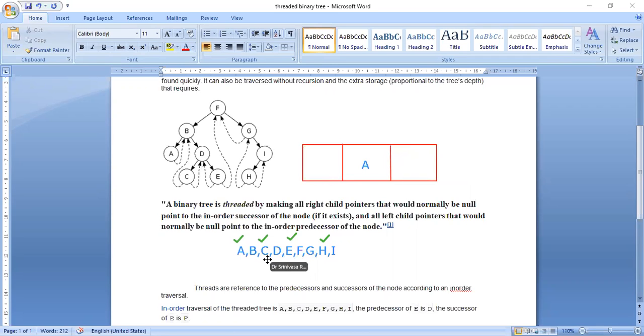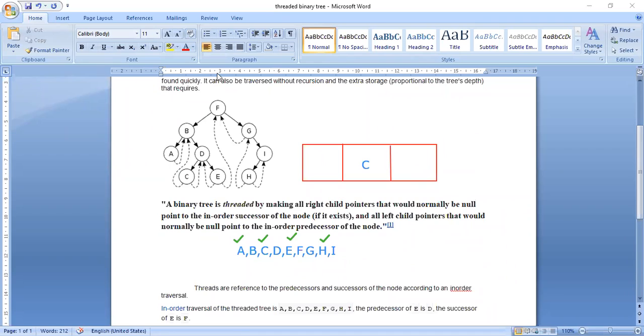Now consider the next one, C. Because it is a leaf node, in general both left and right will be null pointers. But to make it a threaded binary tree, in the left address part of C I should write the address of the predecessor in the in-order traversal. If you take node C, before C, which is visited? B is visited.